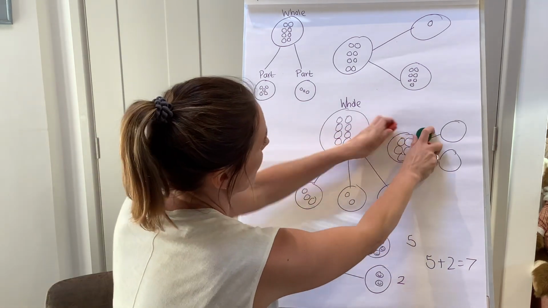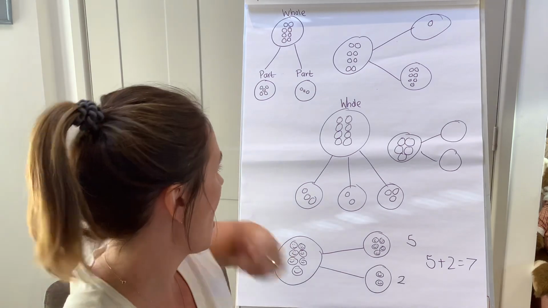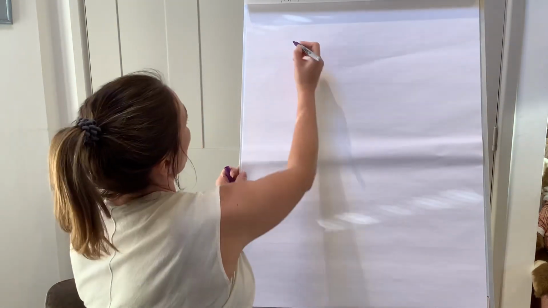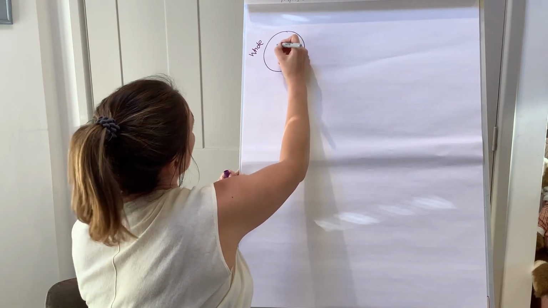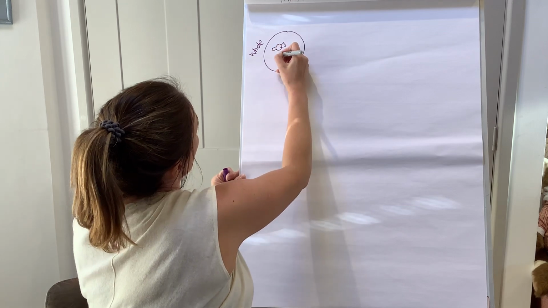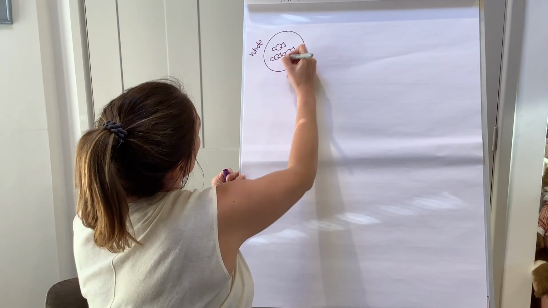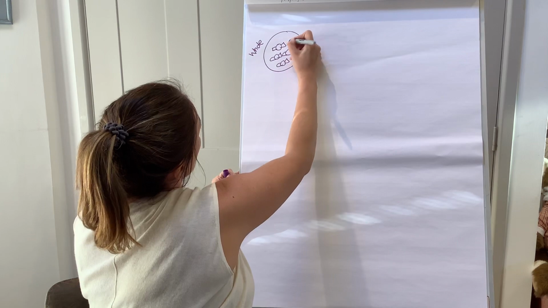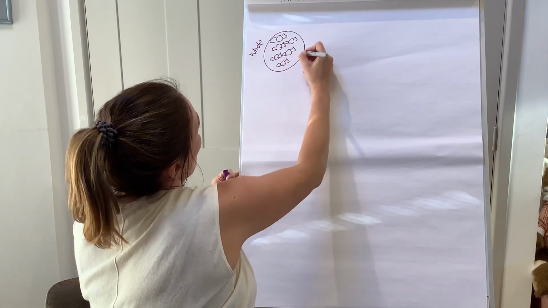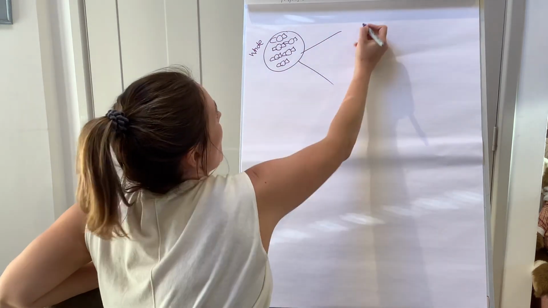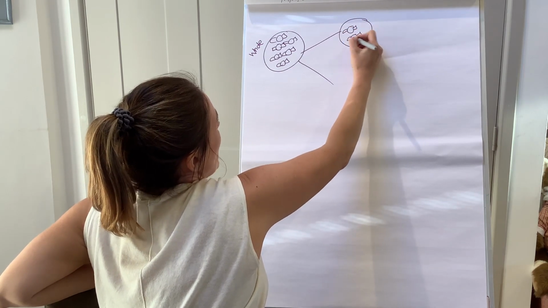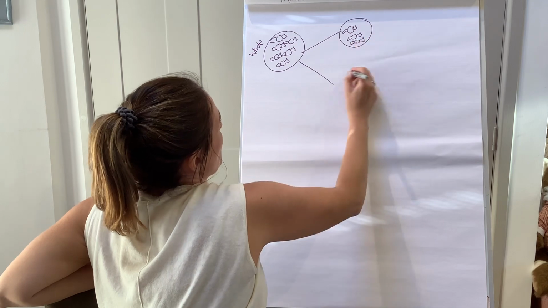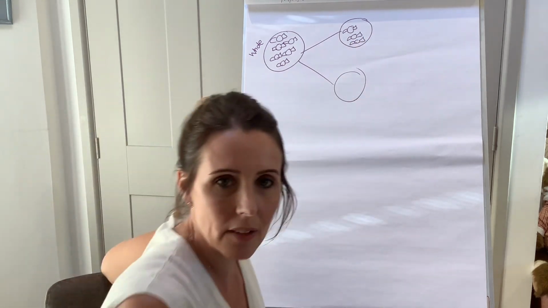You can also use the part whole model to find missing parts. So if we have 6 sweets as the whole, what are the parts? So if I had 3 sweets, and I was given some more sweets, how many sweets was I given?